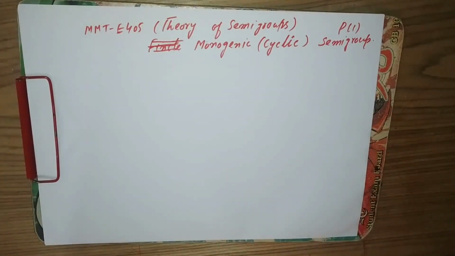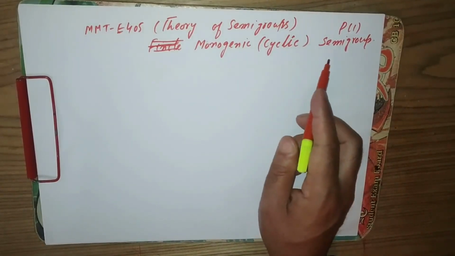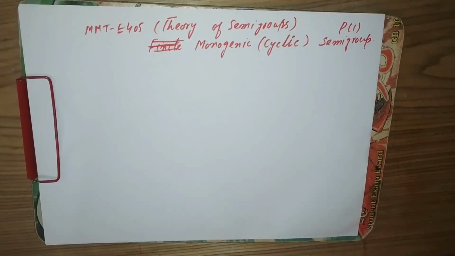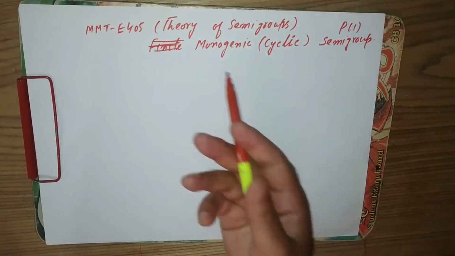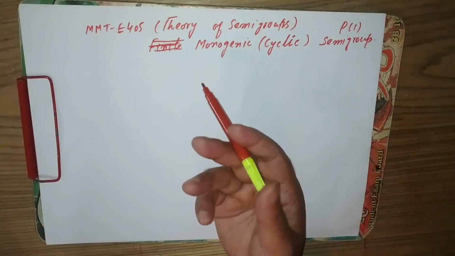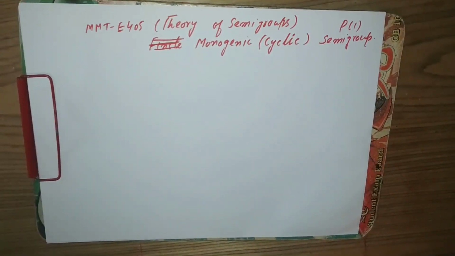In this lecture we are going to discuss monogenic semigroups, or we can say cyclic semigroups. As in the case of groups we have cyclic groups, in semigroups we have cyclic semigroups, also called monogenic semigroups. As you know, in groups the intersection of two subgroups is again a subgroup, but in semigroups it's not true in general.